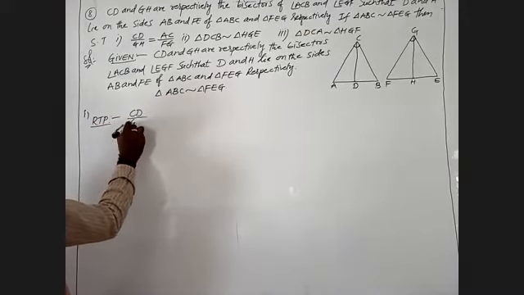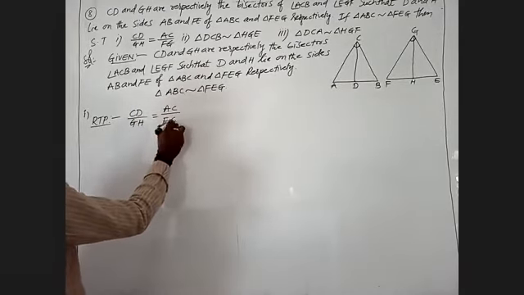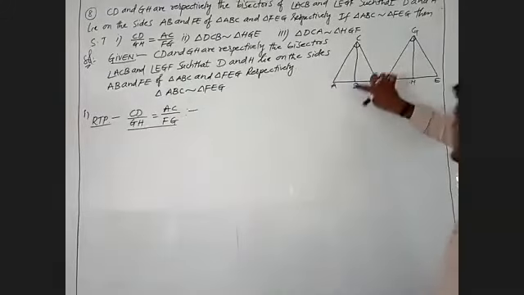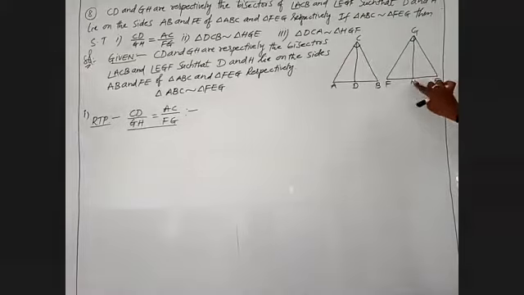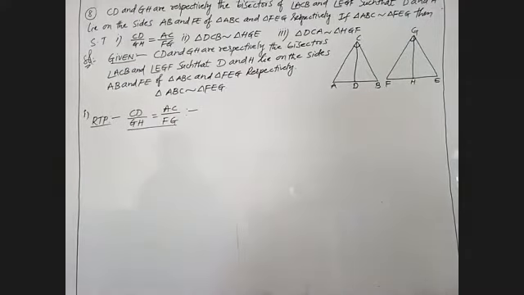What I have to prove in the first one: CD by GH is nothing but AC by FG. Observe, CD by GH is nothing but AC by FG. This is the first one I will do.